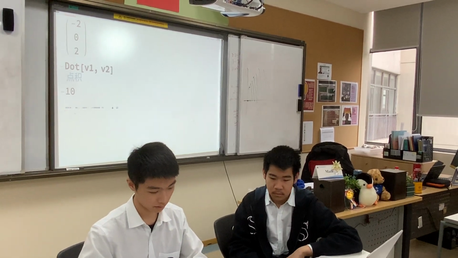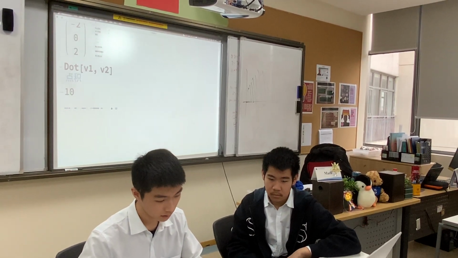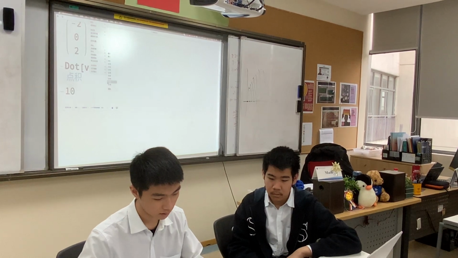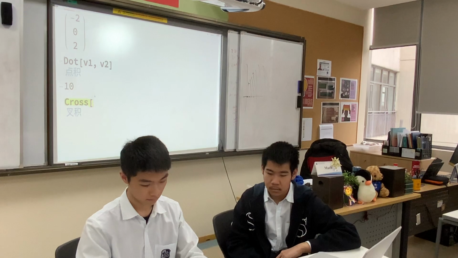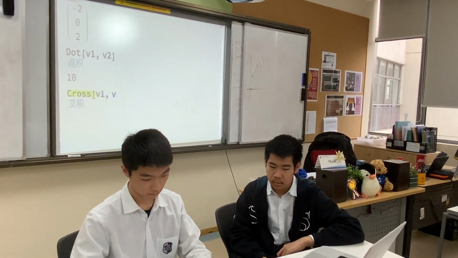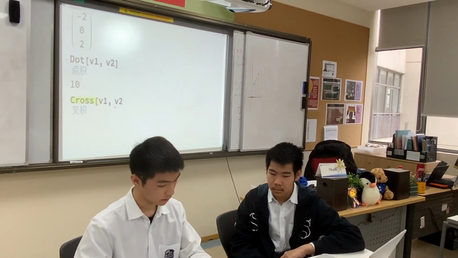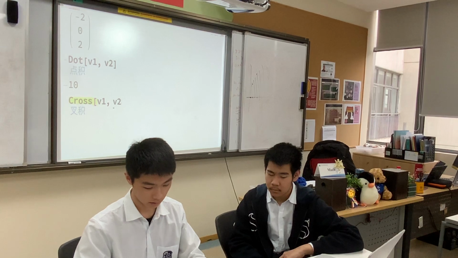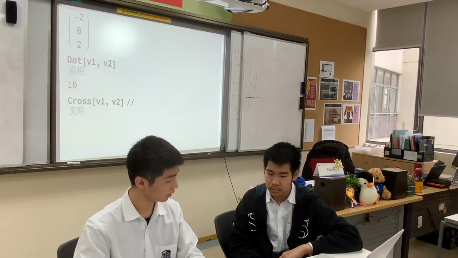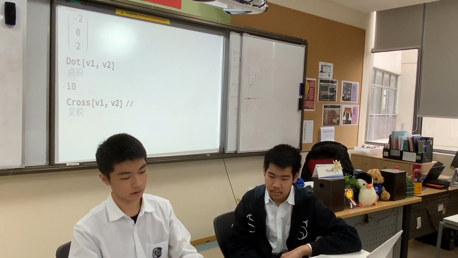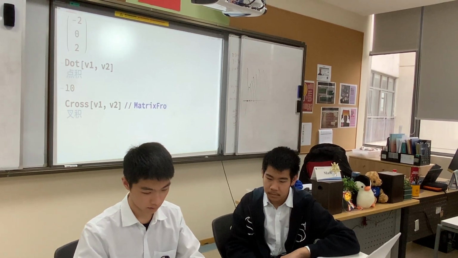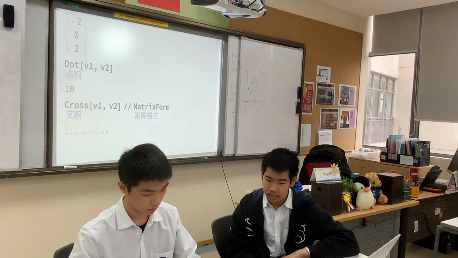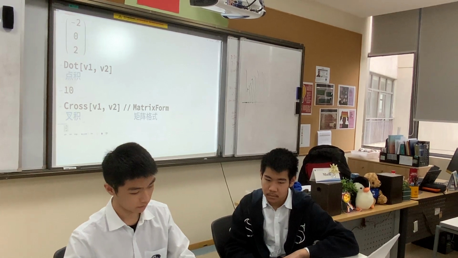And here we got a cross product. You can add two dashes after it to convert it into matrix form. And we can also do matrix form here.